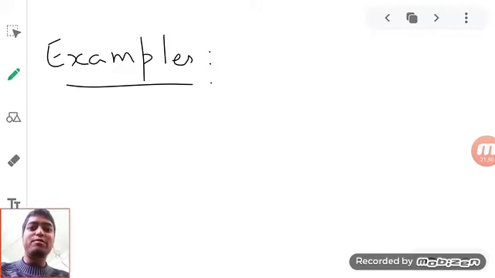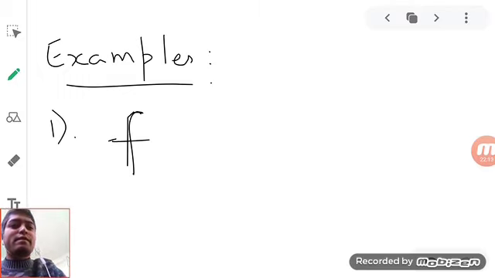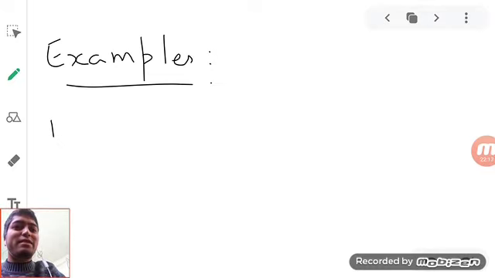Why am I doing those two theorems first? Because when we are given an example, we first have to have an idea that it is a homomorphism. That is, we have to quickly see whether there is a possibility or not that the given function is a homomorphism. Okay, for example, number one, f. Again, if we have to give an example in group theory, we first have to specify the groups.